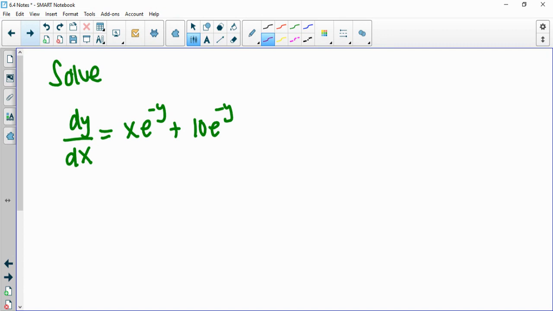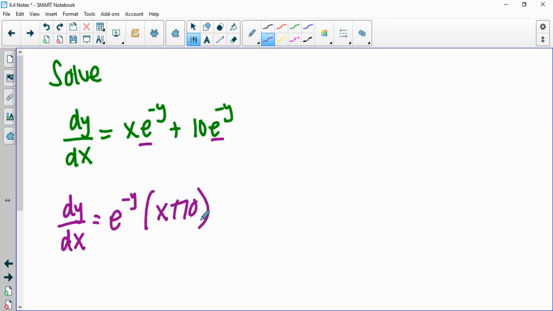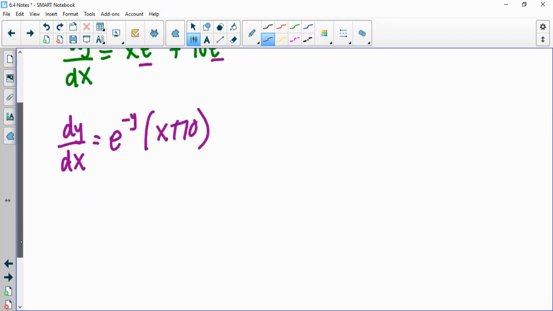Here's our next one. And again, it's kind of like the previous one. We don't currently have two things that are multiplied that we can separate, but both of these terms have an e to the negative y. So I'm going to factor that out before we start. And now I can start separating things. So I'm going to multiply both sides by dx.